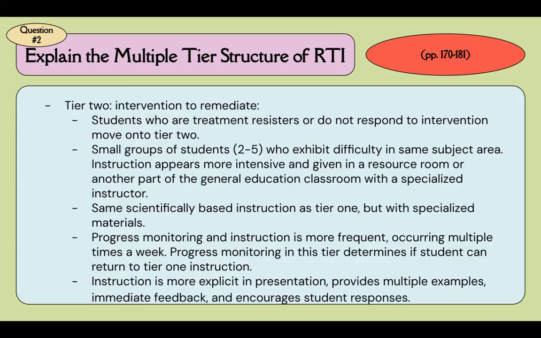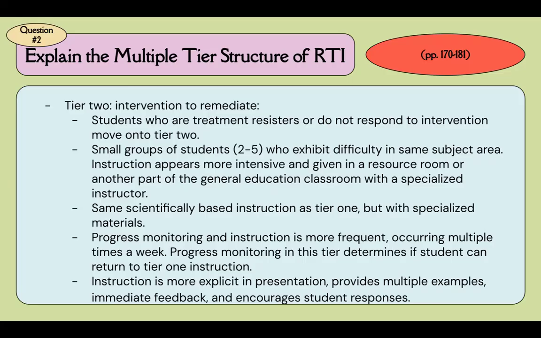It has the same scientifically based instruction as tier one, but it has specialized materials, and progress monitoring and instruction is more frequent. It occurs multiple times a week, and progress monitoring in this tier determines if a student can return to tier one instruction.